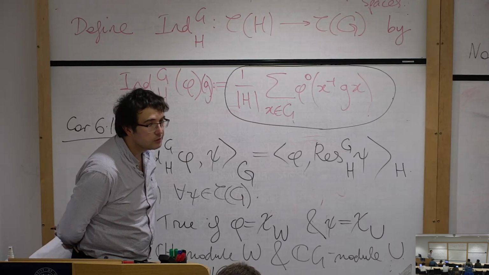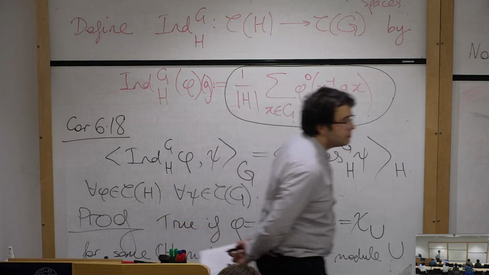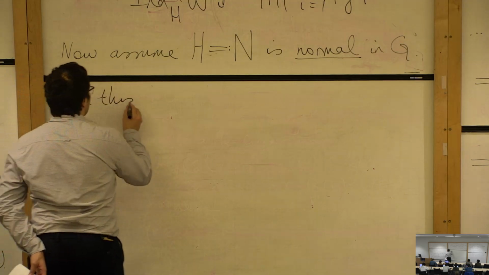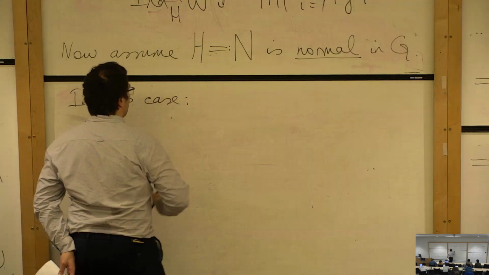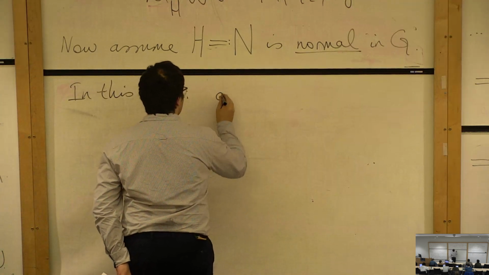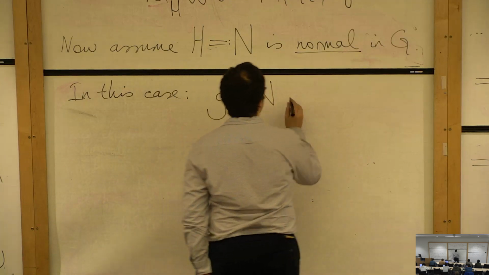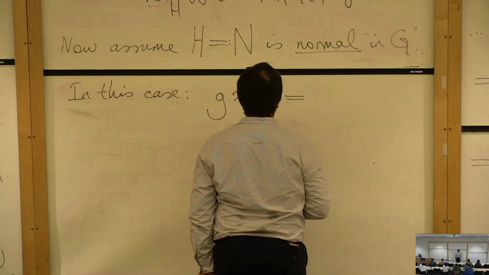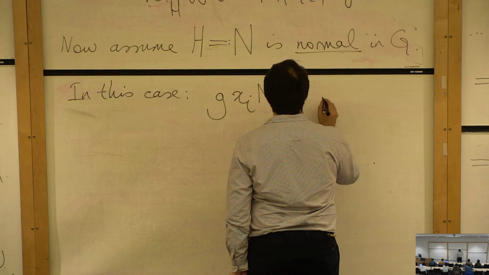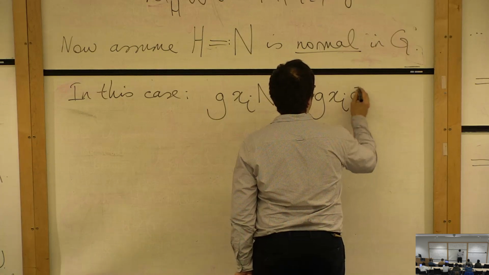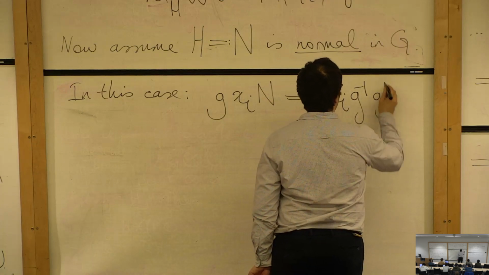This action is trivial in this case. g x_i N is equal to g x_i g inverse g N.